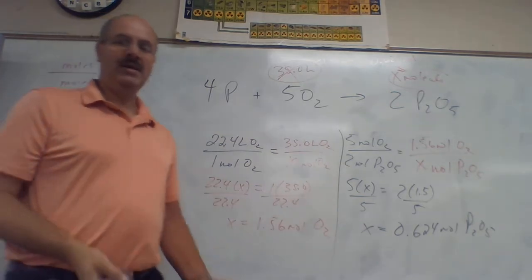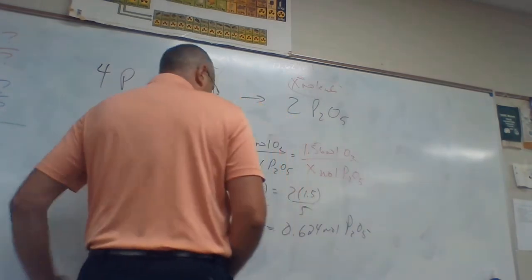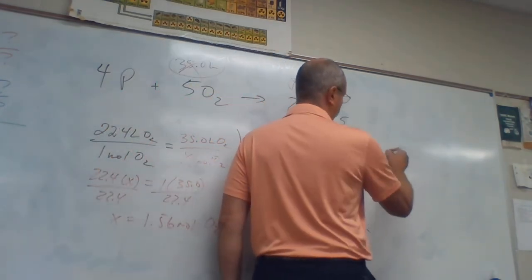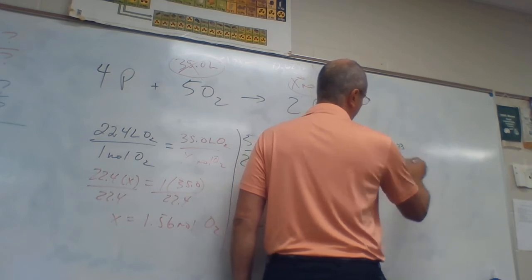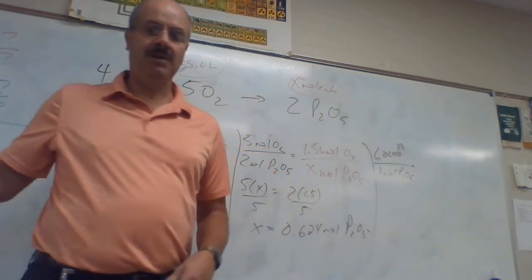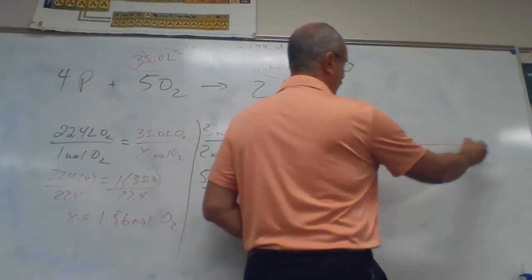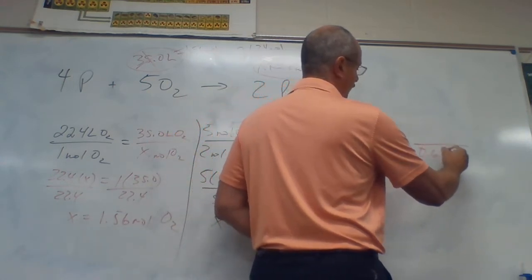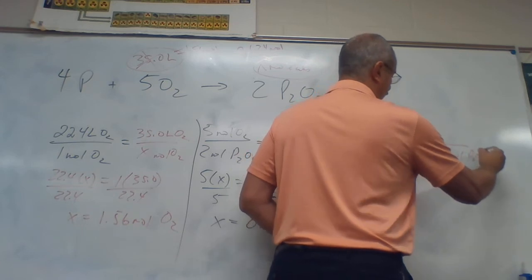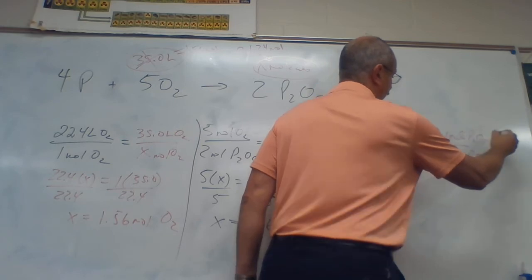Now that we have that in moles, we can change it into molecules. I'm going to use 6.02 times 10 to the 23rd is 1 mole of P2O5. That came from my cheat sheet. I don't have 1 mole, I got 0.624 moles of P2O5, and I'm going to find out X molecules of P2O5.